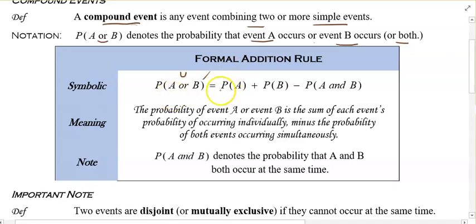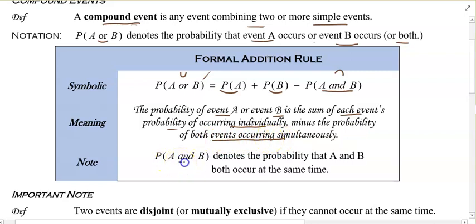That's the probability of A plus the probability of B, but by adding A and B, you might have added the same amount, or the overlap, twice. You subtract that, and it is denoted in most books by intersection, meaning the probability of event A or B is the sum of each event occurring individually minus the probability of both occurring at the same time.